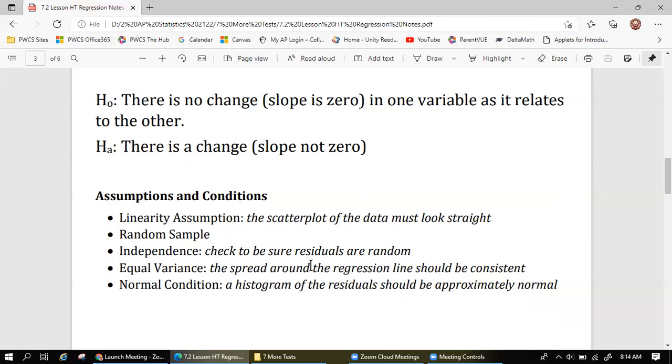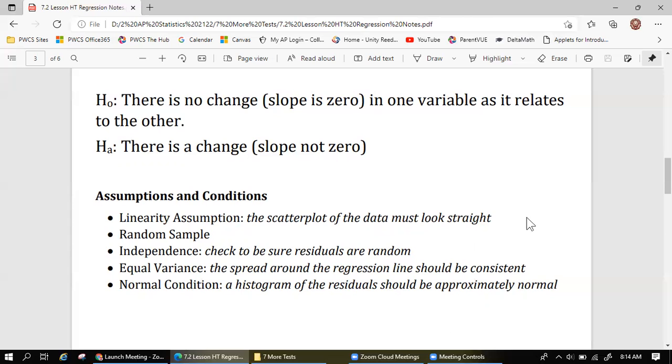And actually, if we skip ahead here, this equal variance condition, we want the data to look around the line like there's some sort of consistency in how far the data points are from the line. So we wouldn't want to look at one part of the graph or the plot and see big residuals, and then if we look on the other part of the plot, we see small residuals.